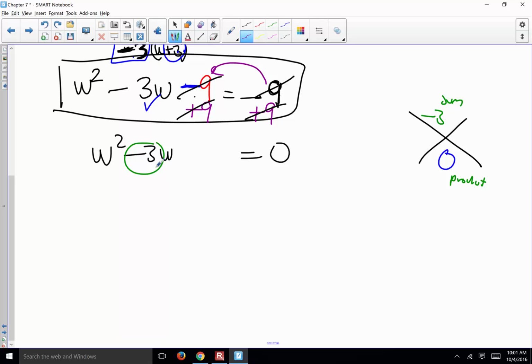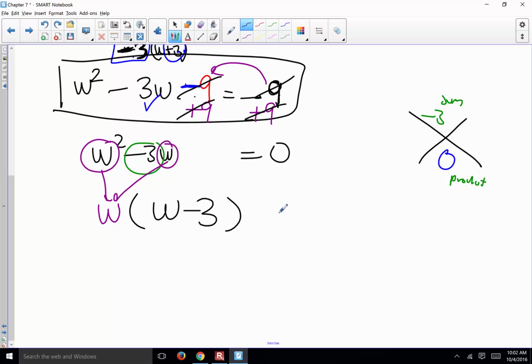What do I need to do? Anyone? Yeah. See if there is anything common. In 3 terms, there may not be anything common, but in 2 terms, usually there is something common, which is W. I can pull 1 W from each guy. When I remove a W from W square, there is still W left. And when I remove W from minus 3W, it's minus 3 left.